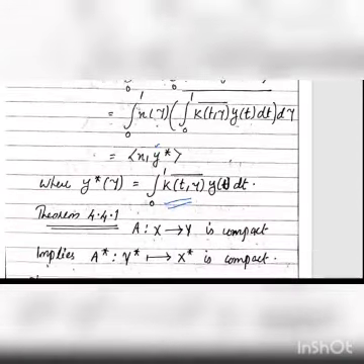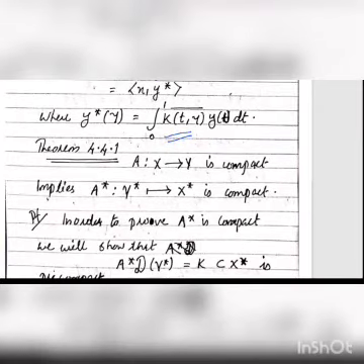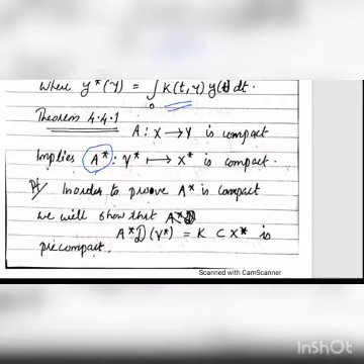Now a theorem, theorem 4.4.1: A from x to y is compact implies A star from y star to x star is compact. Now we want to prove that A star is compact. So proving compactness, we will use Arzela's theorem.